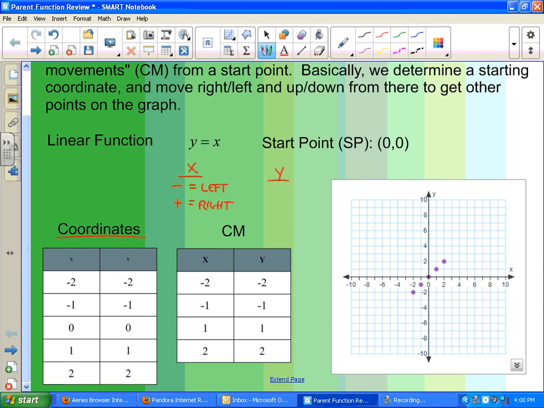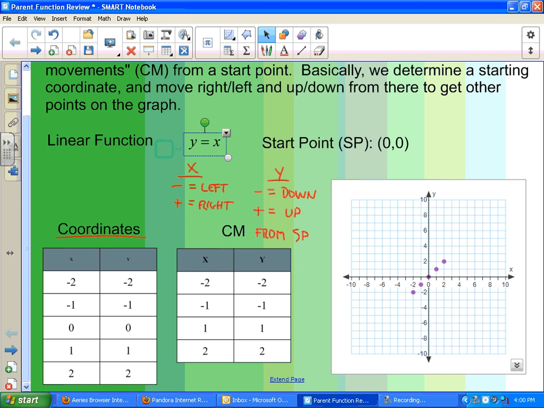In the y coordinates, a negative is equal to a down, and positive is equal to an up movement. So when you see these coordinates on the right here, this -2, -2, that means left 2, down 2, left 1, down 1, right 1, up 1, right 2, up 2. And all of this happens from your start point. That's critical.